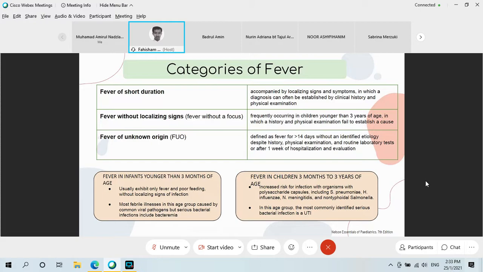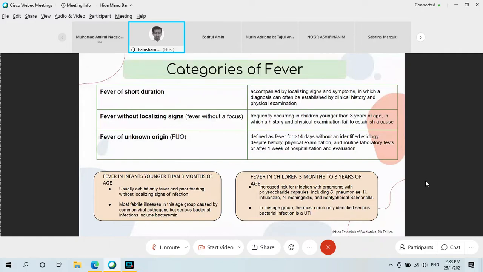Because most likely viral is not going to be fever of unknown origin unless the child has HIV. It's rare nowadays, isn't it? The medication that we have nowadays. I've seen, but it's been like 5-6 years now. I've not seen a child who has HIV because of the availability of the drugs that reduce the viral load itself. So rarely you see these things anymore.